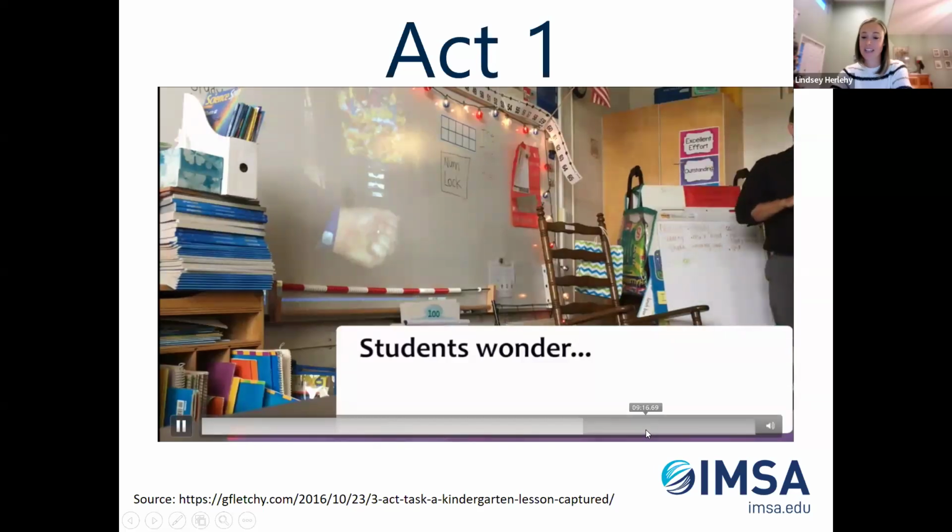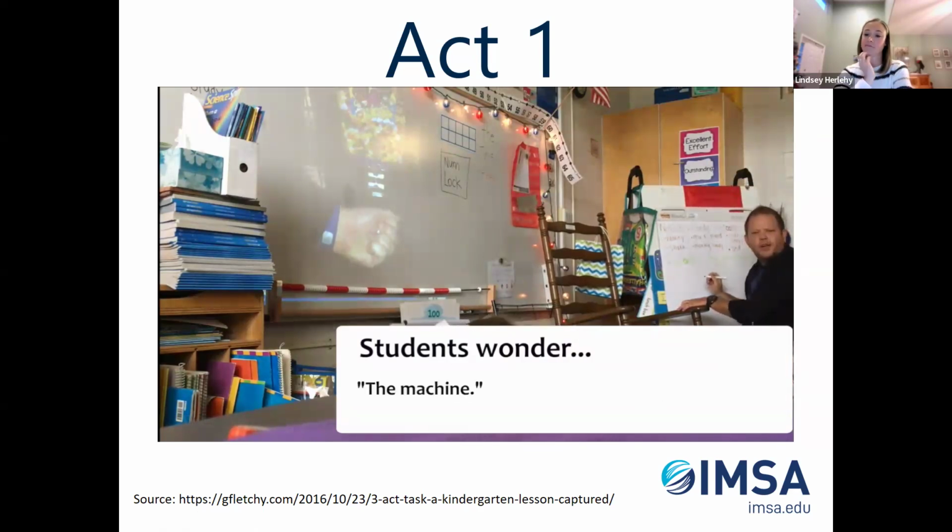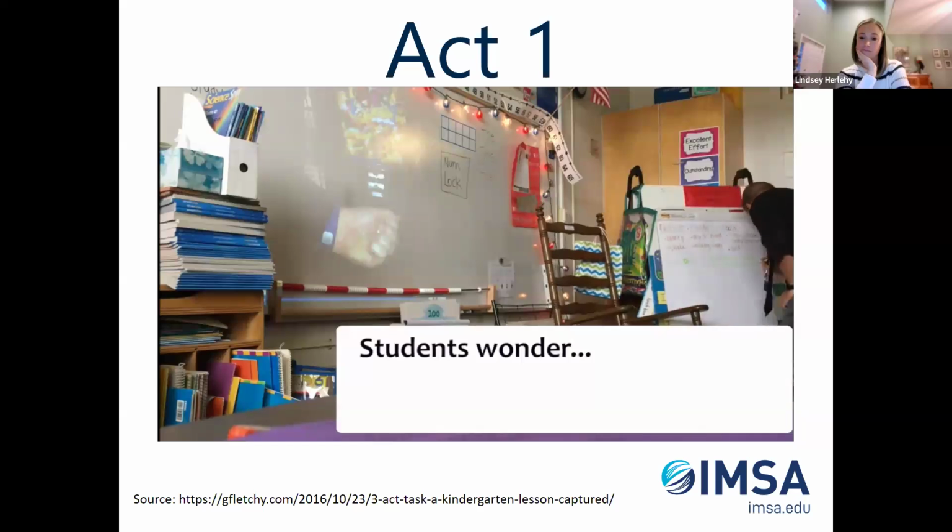Okay. What do you wonder about? I wonder how the money got in. How did the money get in there? I love it. Okay, so how did the money get in there? Get in where? The machine. How did the money get in the machine? All right. Question mark. All right. What do you wonder?